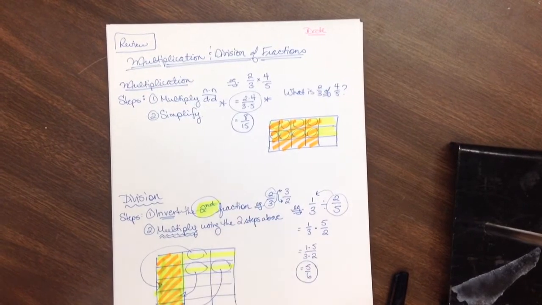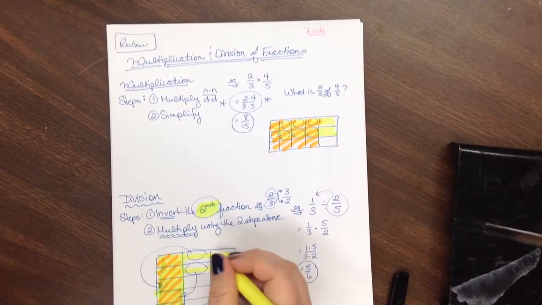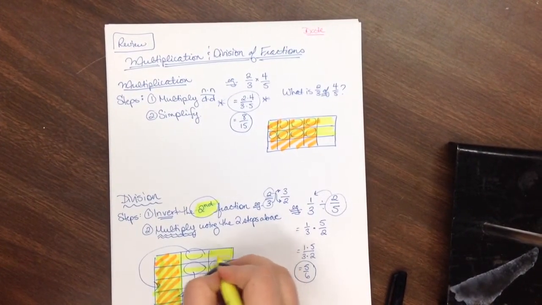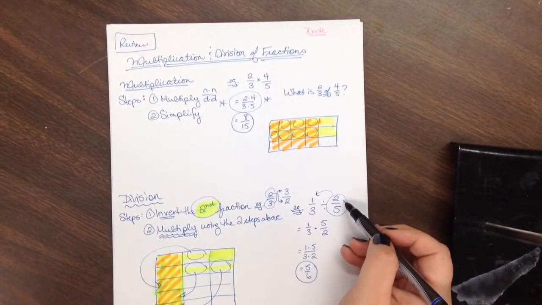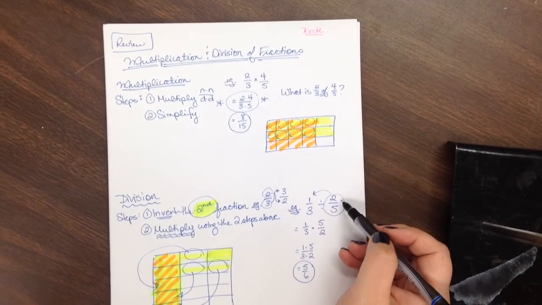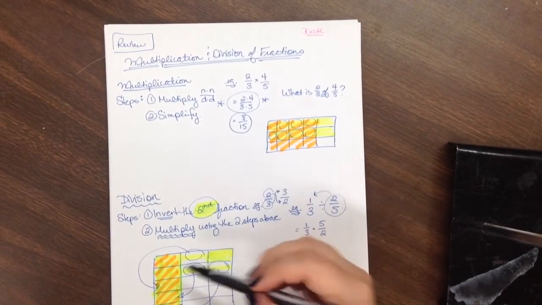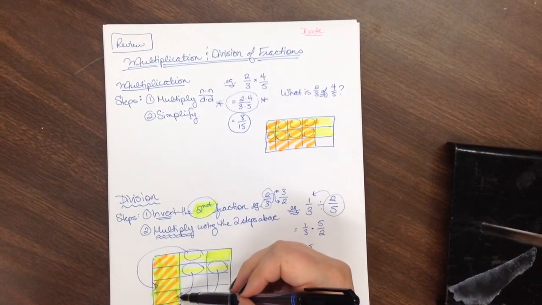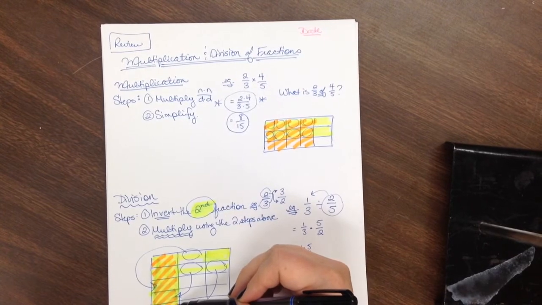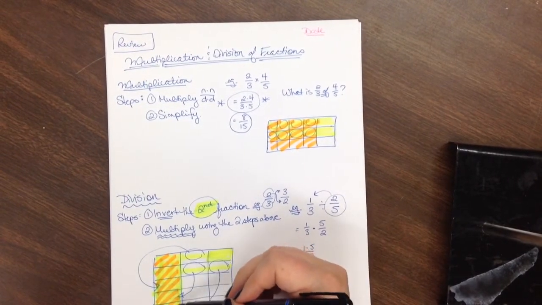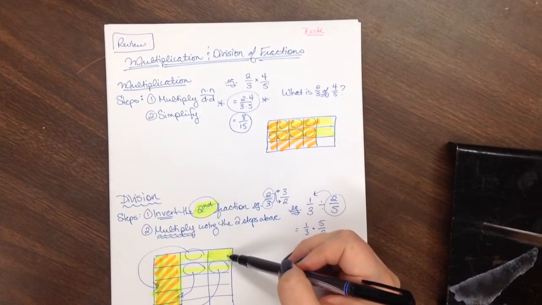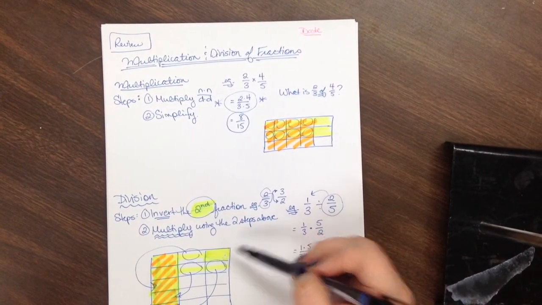They're all filled up. And I have 1 of these free spaces left over. So the yellow represents my 2/5. So out of my 2/5, I can fit 1, 2, 3, 4, 5 parts of my 2/5, which are 1, 2, 3, 4, 5, 6 parts, into 1/3.